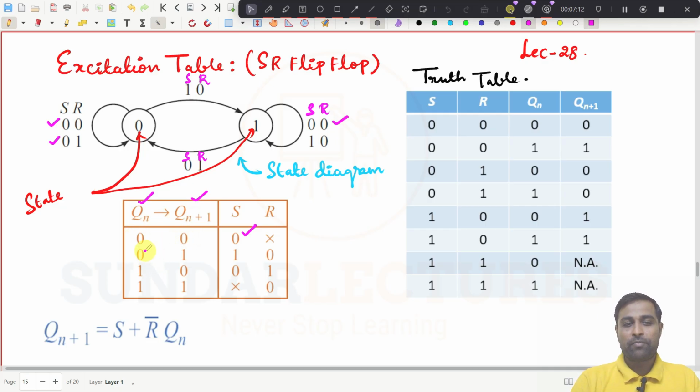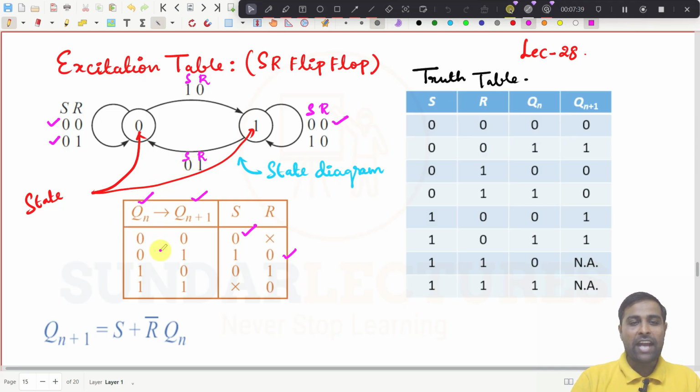And you see here now, if the present state is 0 and the next state should go to 1, when will it happen? When S is equal to 1, R is equal to 0. Only one condition. So this is what I have written here: S equal to 1, R equal to 0. If I do so, then if my present state is 0, it will go to 1 in the next state.